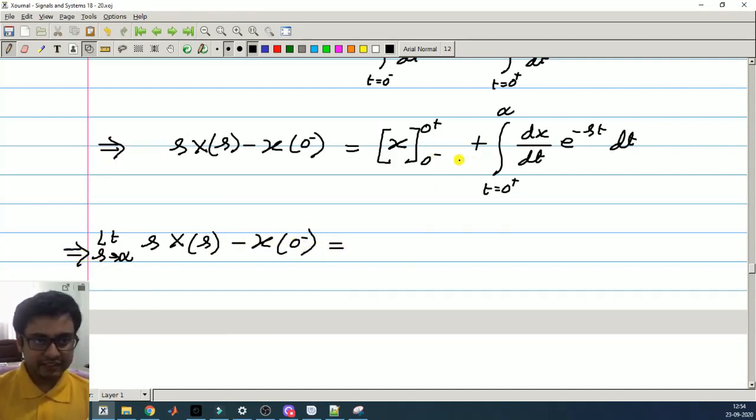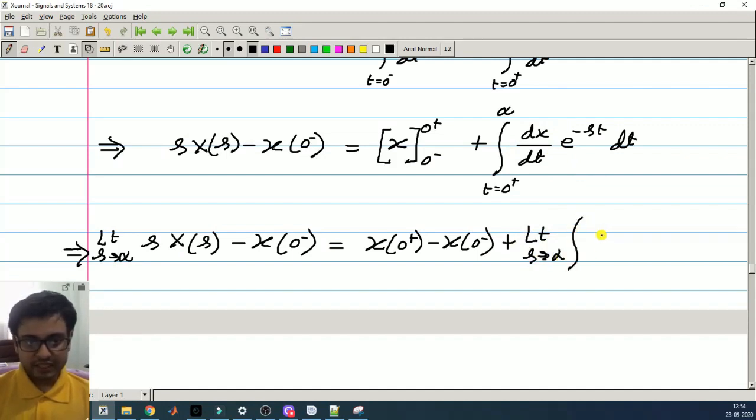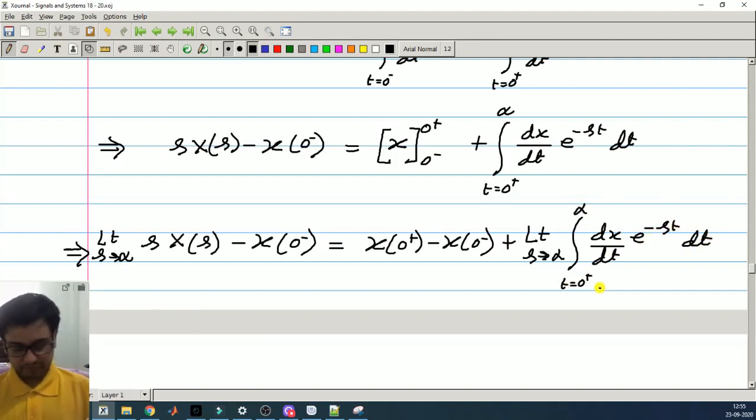And the right side, this also does not depend on s, so let me write it just as x0 plus minus x0 minus, and here I will take the limit s tending to infinity of the integration dx dt, time 0 plus to infinity, e to the power minus st dt.